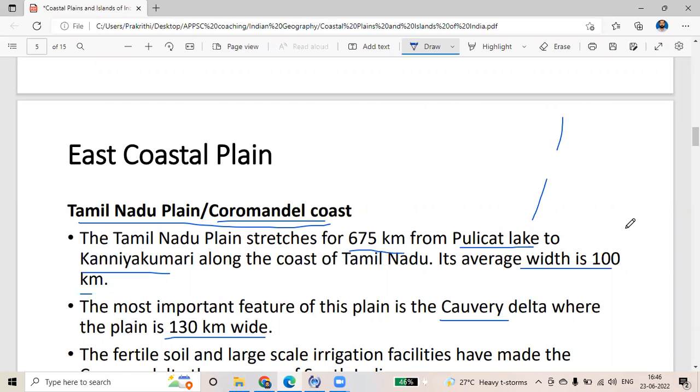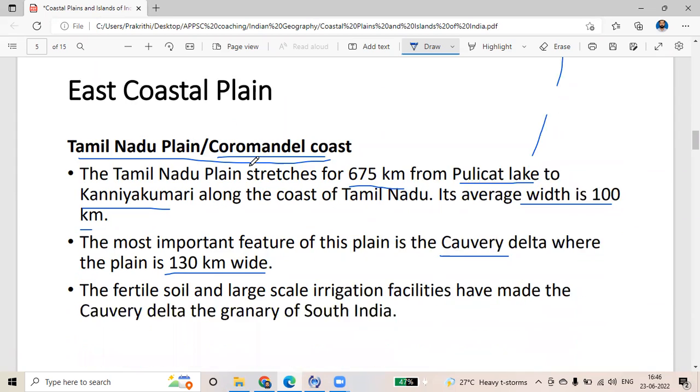Whether it is Andhra Pradesh, West Bengal, or Tamil Nadu, all these regions are vulnerable to cyclonic activities. And that always creates problems for this eastern coastal plain region. So that's about the eastern coastal plain.